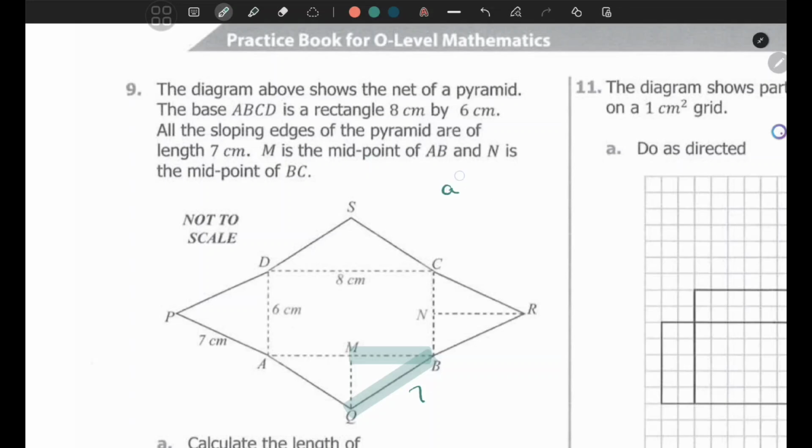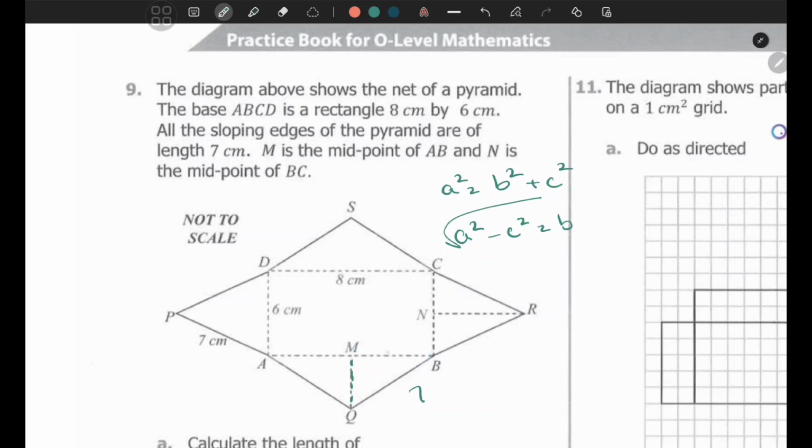Again, Pythagoras theorem, a squared is equal to b squared plus c squared. However, now that we have the hypotenuse, this will be a squared minus c squared is equal to b squared, whereby under root a squared minus c squared gives us b.